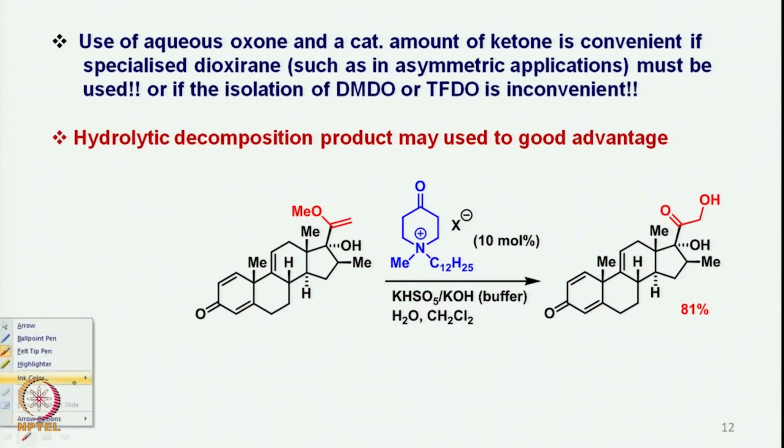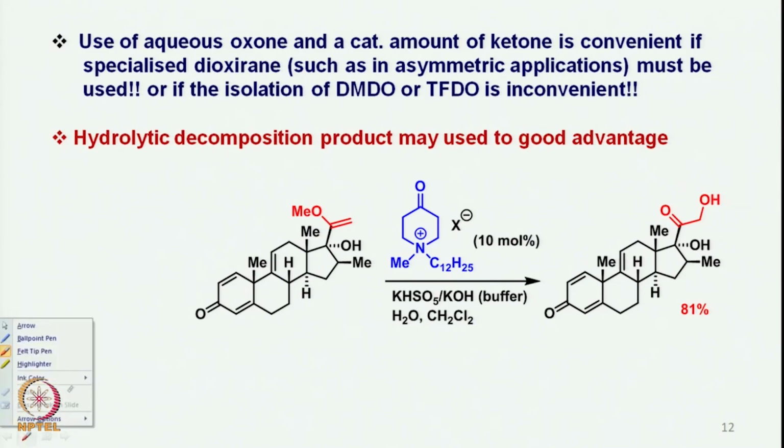We discussed it last time also, and particularly if one wants to make use of it in optically active preparation of the epoxides, then one can easily use it. If one wants to isolate DMDO or TFDO, that is trifluoromethyl dioxazine, if it is inconvenient, then of course you can do the in situ preparation. An example of this kind is here.